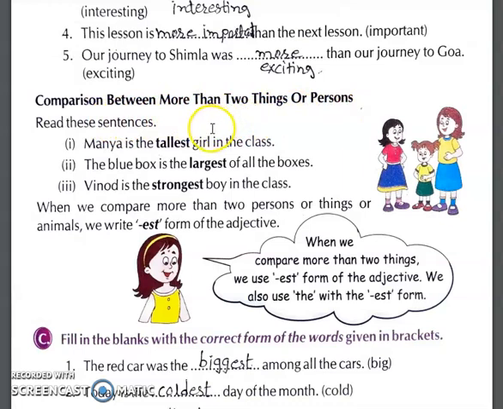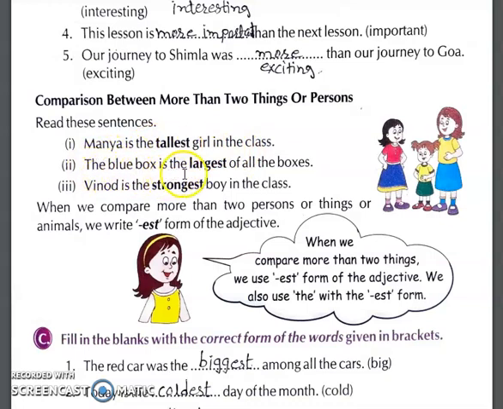एक दो से ज़्यादा थिंग और पर्सन के बीच में कंपैरिजन हो तो हम क्या लिखेंगे? Read these sentences. Manya is the tallest girl in the class. So we are not talking about only two girls, but all the girls in the class. So Manya is the tallest, मतलब सारी गर्ल्स में वो सबसे टॉल है, तो उसके लिए लिखा है tallest.